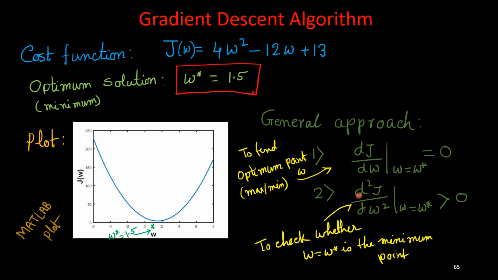And from the second one, we can check whether it is really minima or not. It will be minima if the second order derivative is positive at that point, w equals w star. So we'll investigate these two equations in greater detail, and from that point of view, we'll try to get the gradient descent algorithm concept.